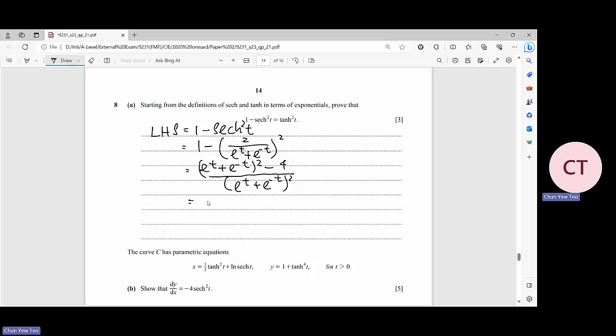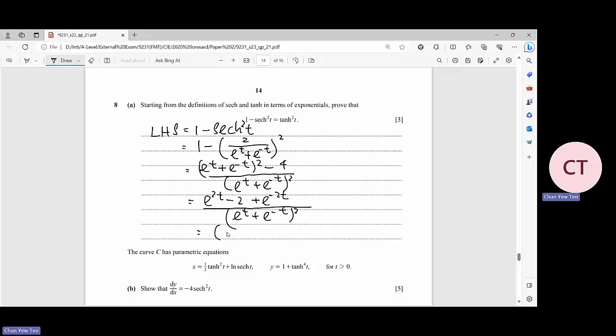Expand the expression, you get e^(2t) plus 2 plus e^(-2t) minus 4. Not enough space for me, my writing is too big. The 2 and the negative 4, you can simplify, becomes minus 2.